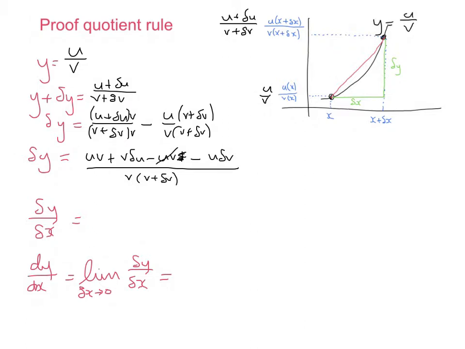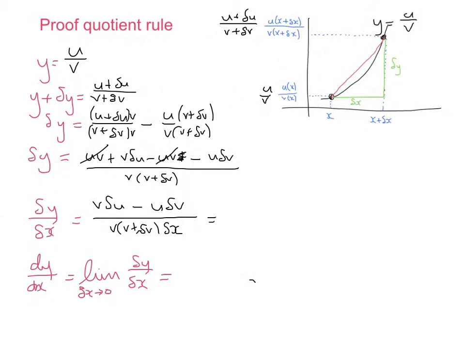And obviously this uv cancels this uv, and that leaves me with, on the top, v delta u minus u delta v, all over v times v plus delta v. But now, because of dividing by delta x, I've also got a delta x down there.